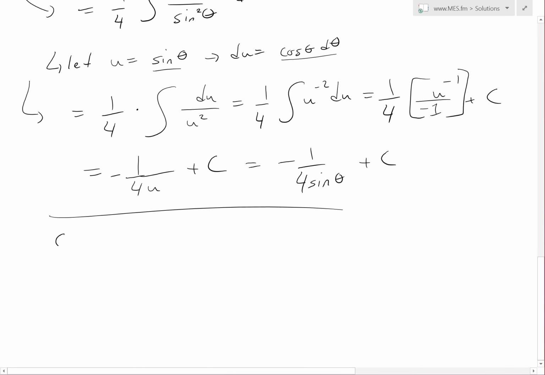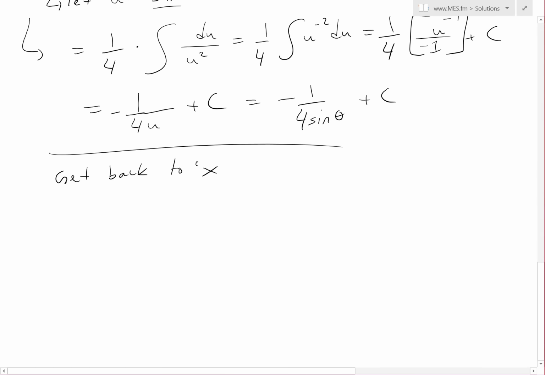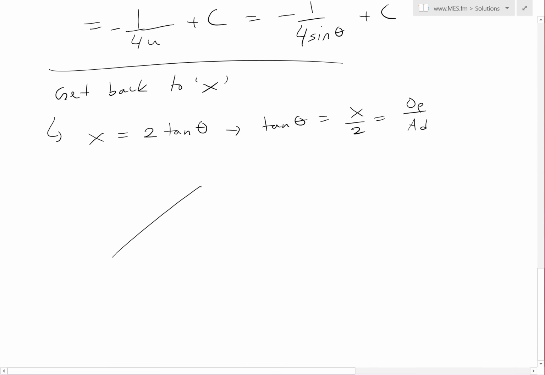And now we have to get back to the x variable. To get back to x, we use the original change of variable, x equals 2 times tan theta, or rewriting this, tan theta is equal to x over 2. By definition, tan theta is opposite over adjacent in a right angle triangle.